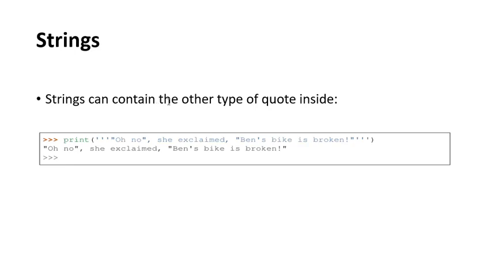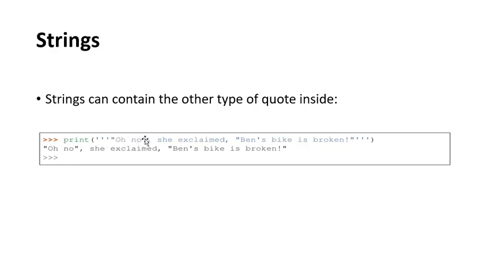And a string can contain the other type of quote inside. For example, if I have taken double quotes outside of that string, I can use single quotes inside that. For example, print, oh no, she exclaimed, Ben's bike is broken. You have used triple quotes here.